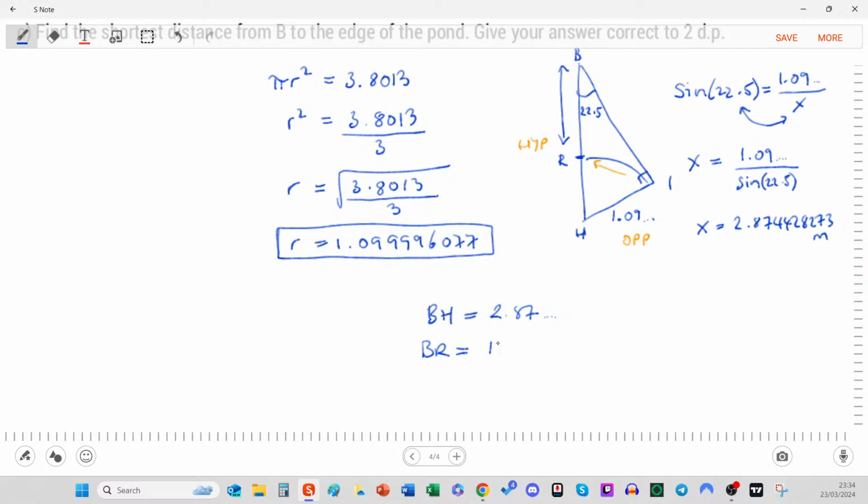BR is equal to BH subtract the radius, and BR represents the shortest distance from B to the circle, so we could just do a takeaway sum of 2.874 etc. using the proper big number up here, and subtract the 1.09 etc. radius to leave us with 1.774432.196 meters.